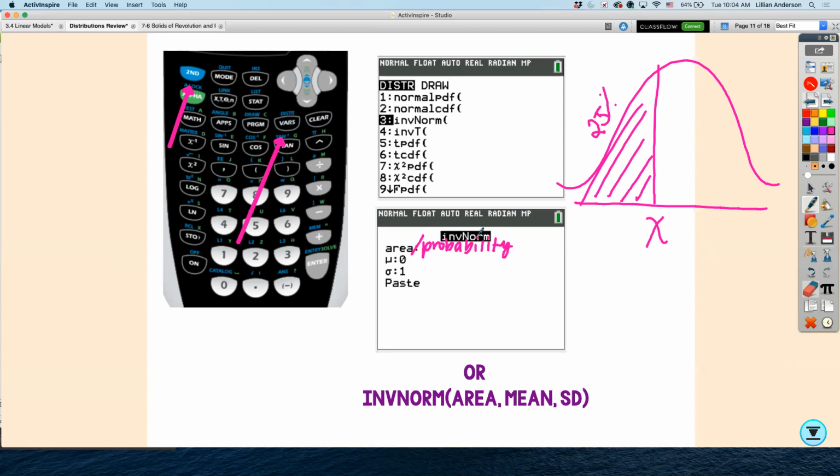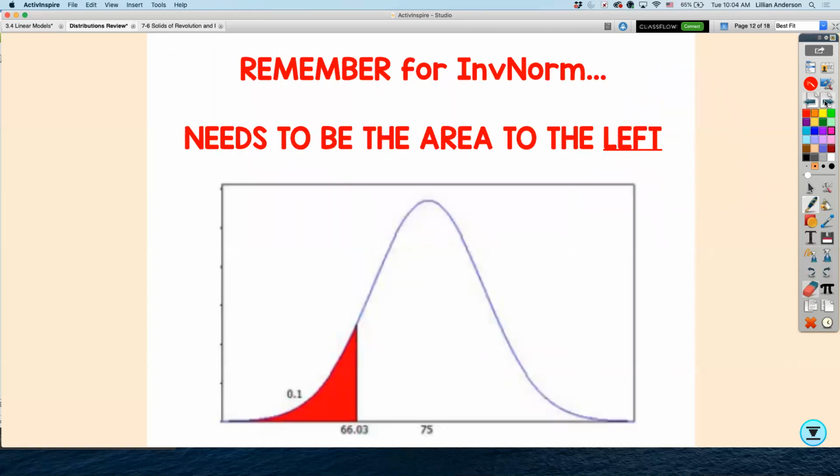For some of you, you know who you are, you had to physically type in area, comma, mean, comma, standard deviation. The one downside about a majority of our calculators was that just like with binomial CDF, with inverse norm, we can only do the probability that's to the left of a particular x value. We can only do the area that's to the left.